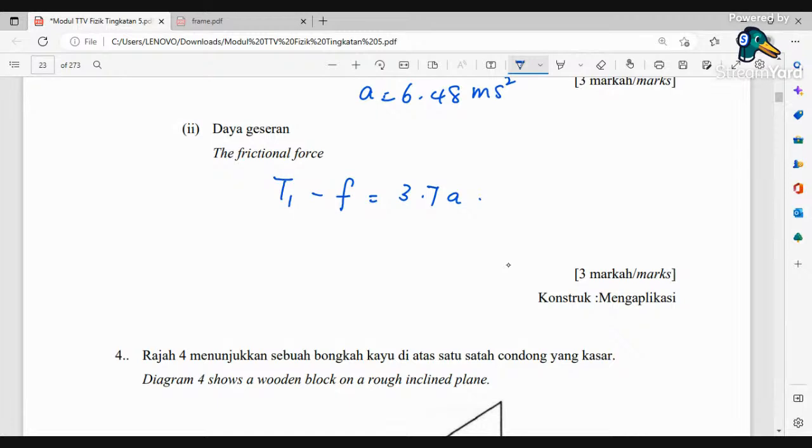Okay, so T1 ialah 7. 7 minus F equals to 3.7 times 6.48 dari sini ya. So you dapat F equals negative 16.98 Newton. Negative direction showing it opposite to the direction of motion. Okay.